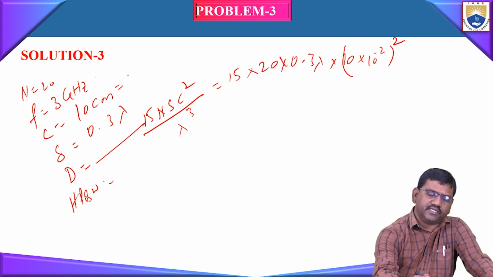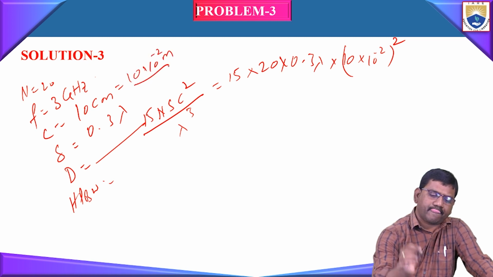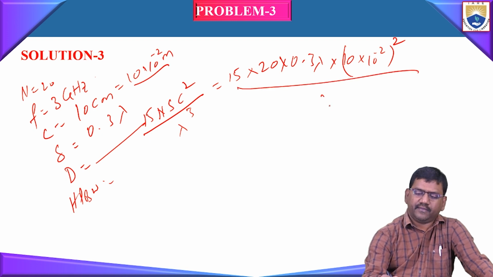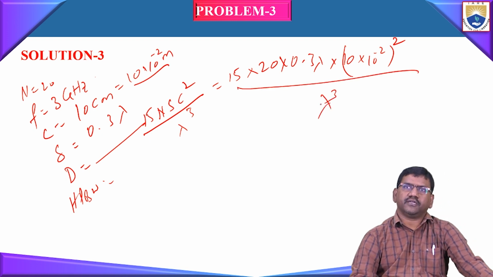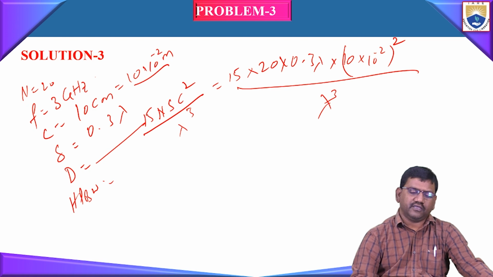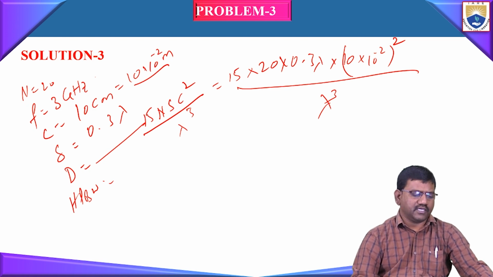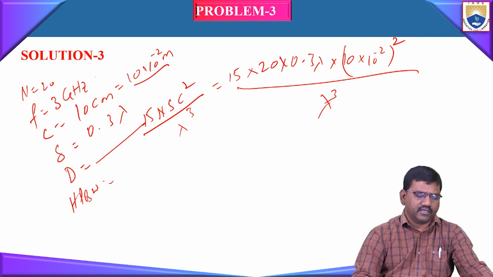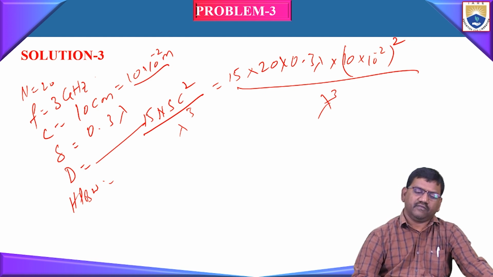We need to take this in meters, 10 into 10 power minus 2 meters here, whole divided by lambda cubed. So we substitute all the given values in the problem.